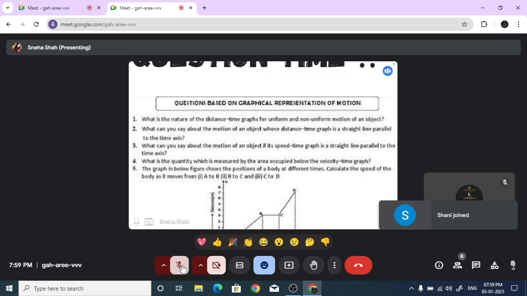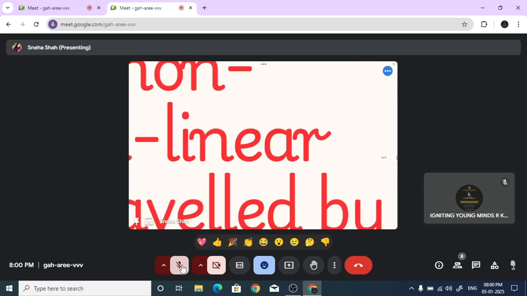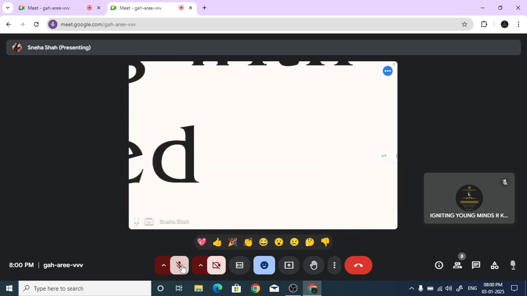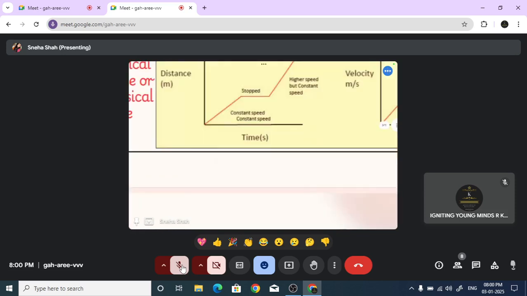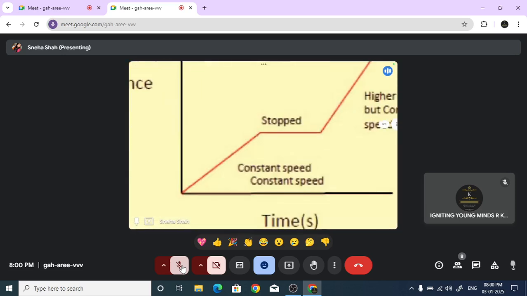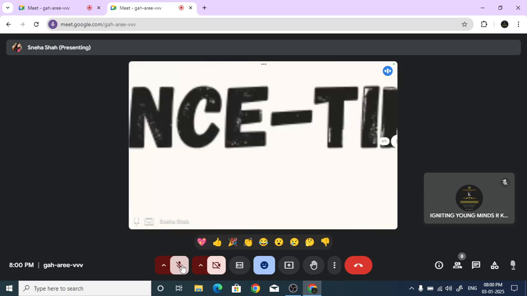If it is a line parallel to the time axis, the vehicle or the object is stopped for that particular time period. The distance is not increasing. Correct? Okay.